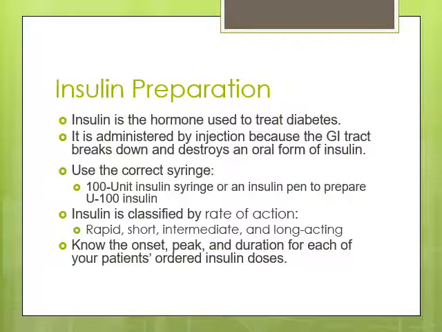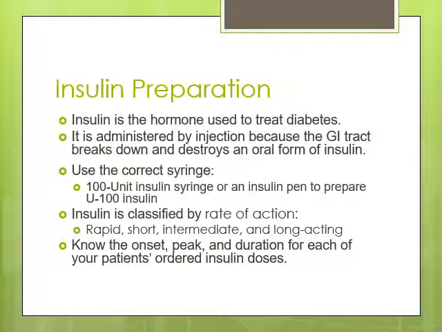Now we have insulin preparations. Insulin is the hormone used to treat diabetes. This is something known to us. It is administered by injection because the GIT breaks down and destroys an oral form of insulin. This is also important information, and I think it is known to you. Use the correct syringe: a 100 unit insulin syringe or an insulin pen to prepare 100 insulin units.